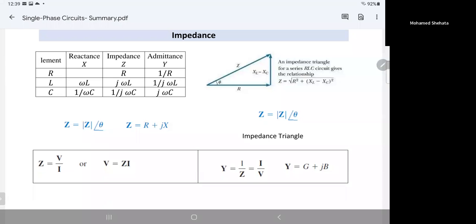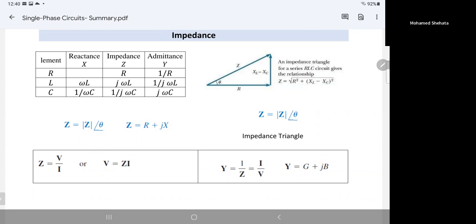So if you change the frequency, the value of their impedance changes. But ideally, the frequency does not affect the value of the resistance. As you see here, the resistance is not a function of the frequency.